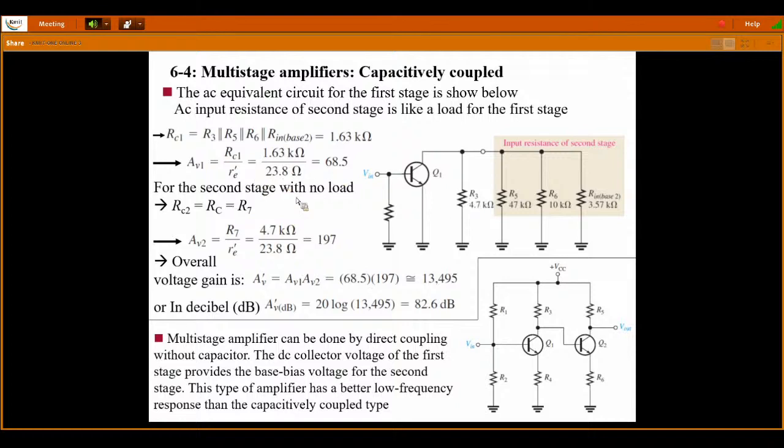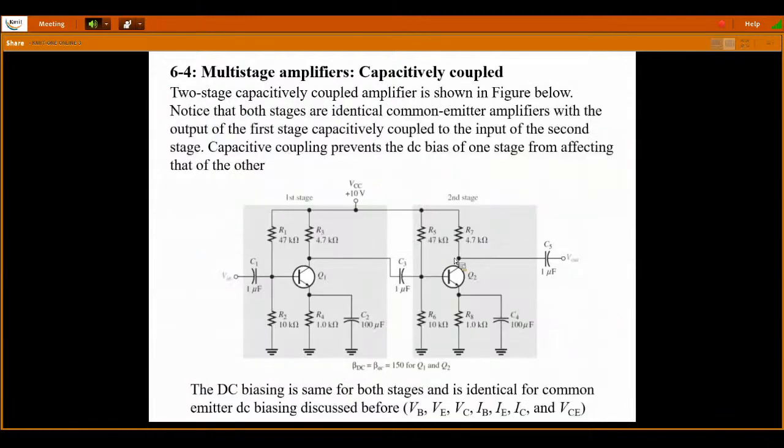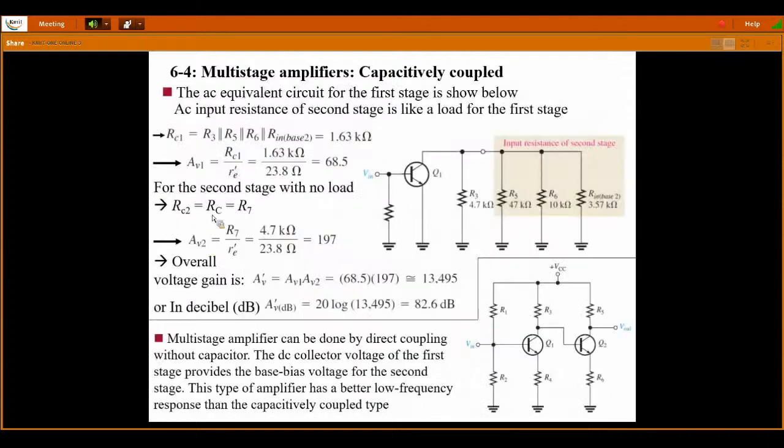Next, the second stage. Because it is a two-stage amplifier, it doesn't have any load resistor here. Hence the load resistance of the second stage is equal to R7. So RC2, the effective load resistor, is equal to R7. The output voltage gain of the second stage is R7 divided by the AC emitter resistance RE dash, which is equal to 197.